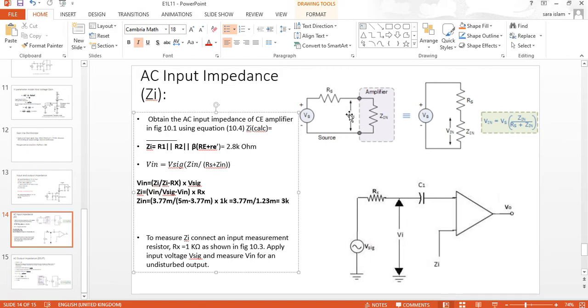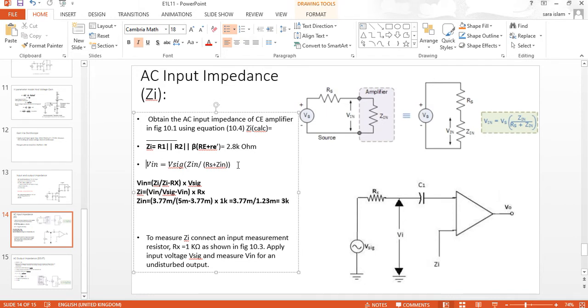So we take the supplied voltage as Vin. This is the source resistance and Vs. So Vin is equal to V signal times Zin, the amplifier input impedance, divided by Rs plus Zin, right?